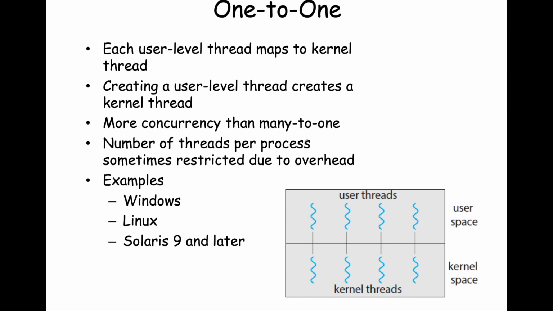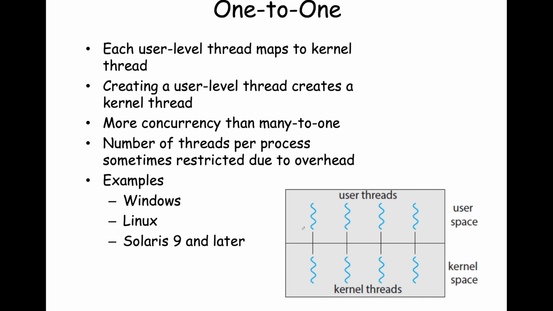And so here, a user level thread creates a kernel thread because it's an application that's creating a thread, and there's one user level thread associated with a single individual kernel level thread. And so this offers more concurrency than the many-to-one that we saw on the previous page, and the number of threads per process is sometimes restricted.